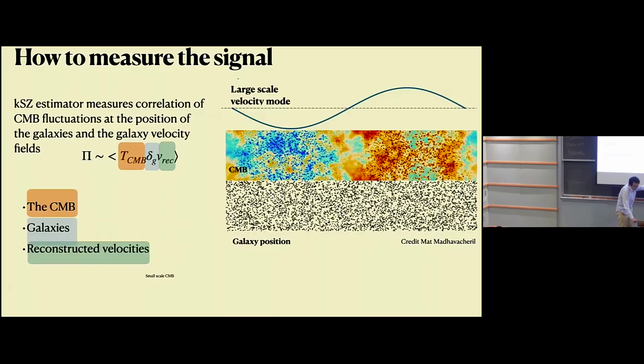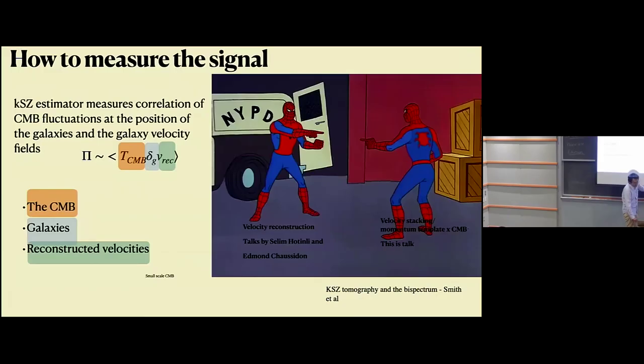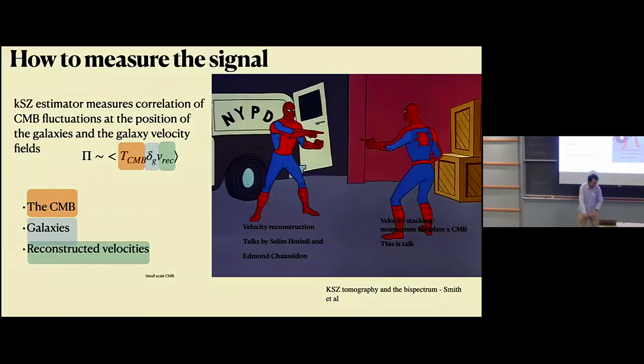Yesterday we saw these velocity reconstructions, and now I'm going to talk about these stacking measurements. They're basically the same thing under the hood. There are always these T-G-G measurements, just taking different handles of this 3-point function.